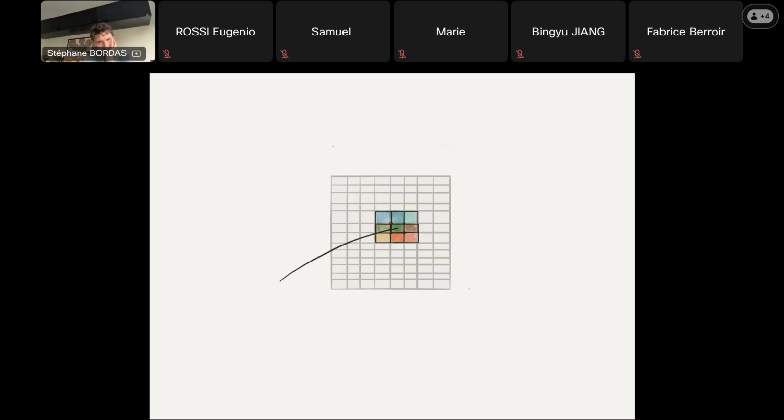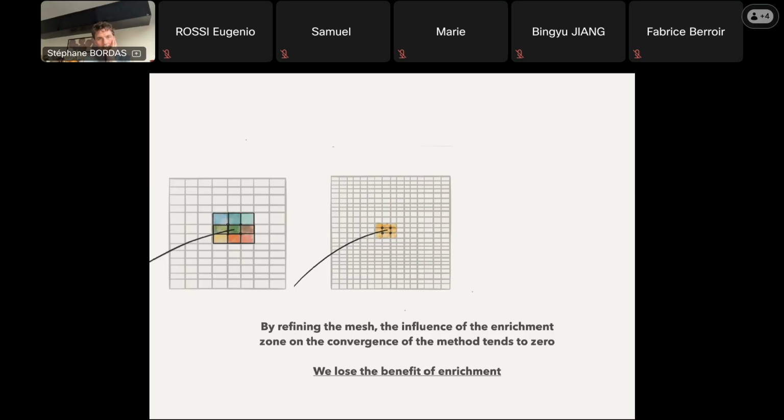Right? So now what do we do? We refine. Boom. The area decreases. We refine. Again, the area will decrease again.